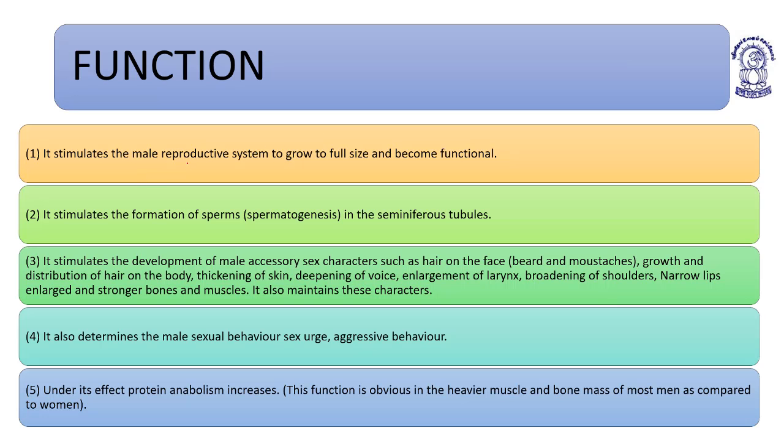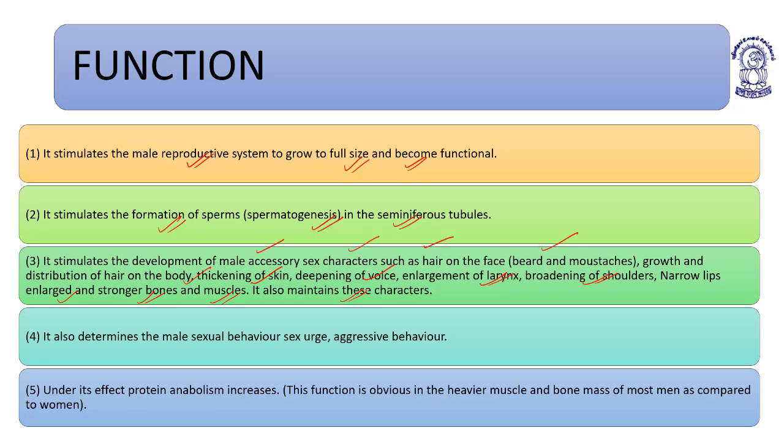Function. It stimulates the male reproductive system to grow to full size and become functional. It stimulates the formation of sperm, that is spermatogenesis, in seminiferous tubules. It stimulates the development of male accessory sexual characters such as development of hair on face, beard and mustaches, growth and distribution of hair on the body, thickening of skin, deepening of voice, enlargement of larynx, broadening of shoulders, narrow lips, and larger and stronger bones and muscles.